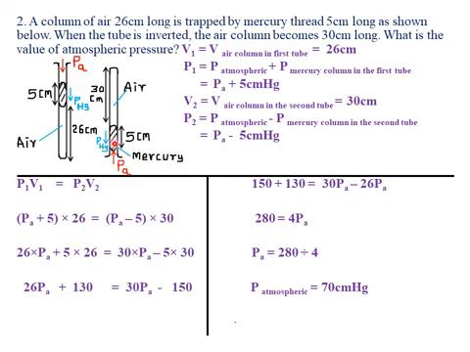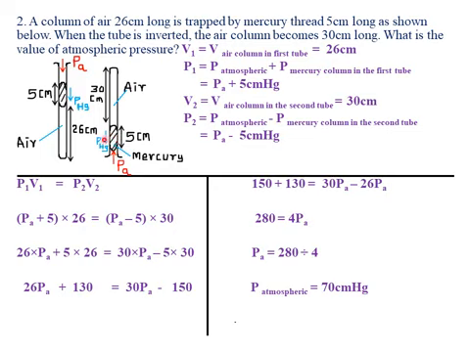However, if the pressure due to the weight of the mercury column were greater than atmospheric pressure, the mercury would have flowed outside the tube. But provided the mercury is still within the tube, the pressure being exerted on the air will simply be equal to the difference between atmospheric pressure and the pressure due to the mercury column.